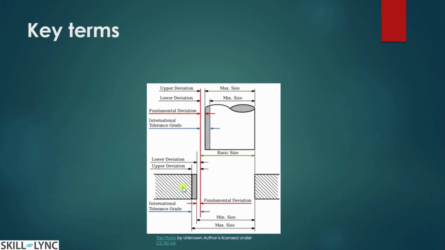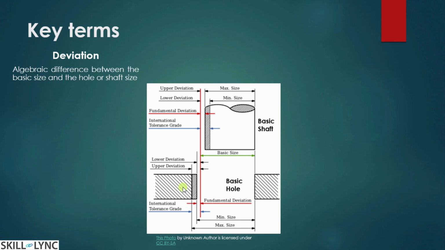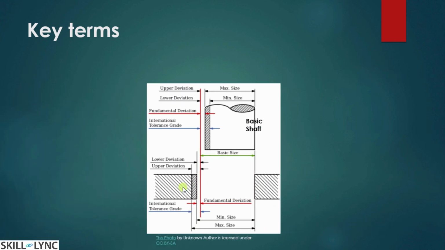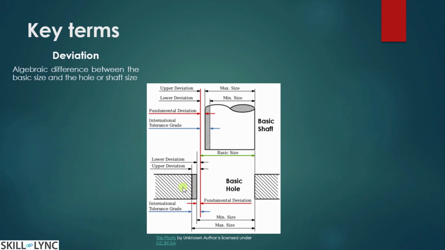So next, for the same image of this shaft and hole, the next key term is the deviation. That is, the algebraic difference between the basic size and the hole or shaft size of the actual part. Because earlier we were talking about the limits that are allowed based on a drawing, but here for your deviation we measure the actual component versus the theoretical component.